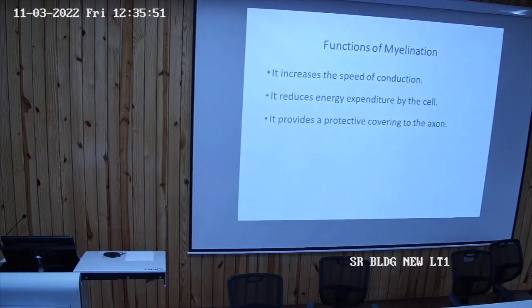So it reduces the energy expenditure and is also responsible for the color. White matter, the color of nerve fibers: in the brain there is gray matter and white matter. Everyone knows gray matter is formed by the cell bodies, and the nerve fibers form the white matter. So it is responsible for the color of the white matter in the brain.